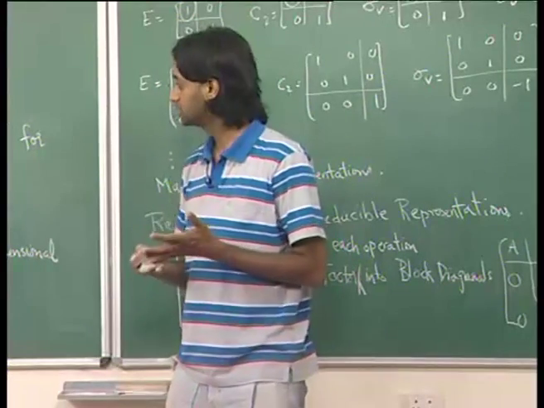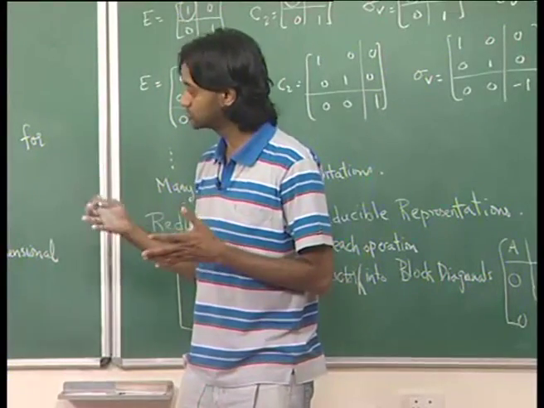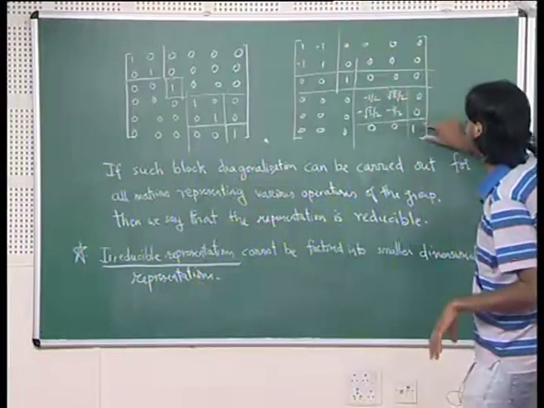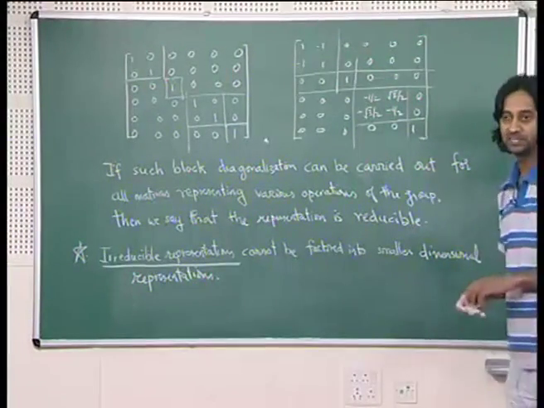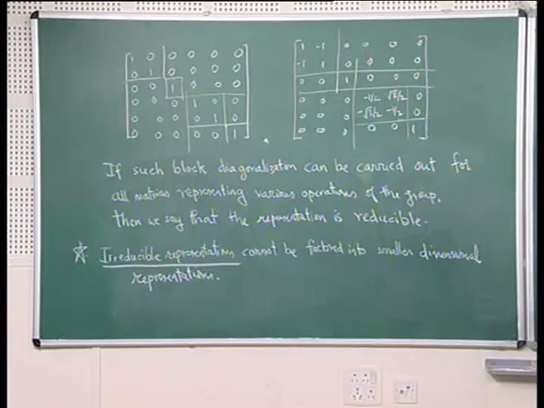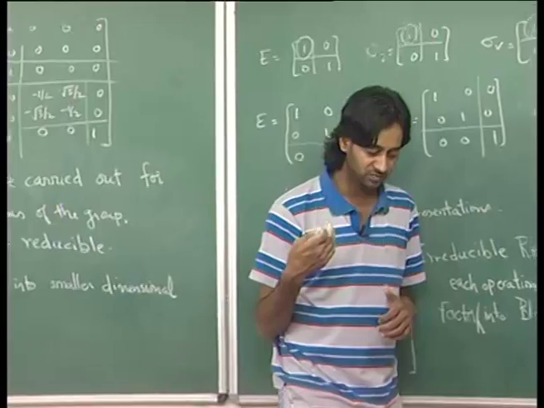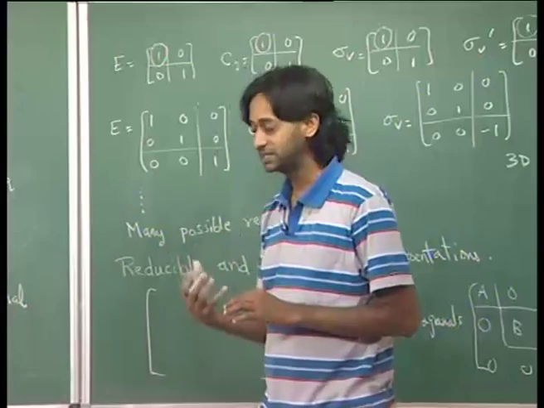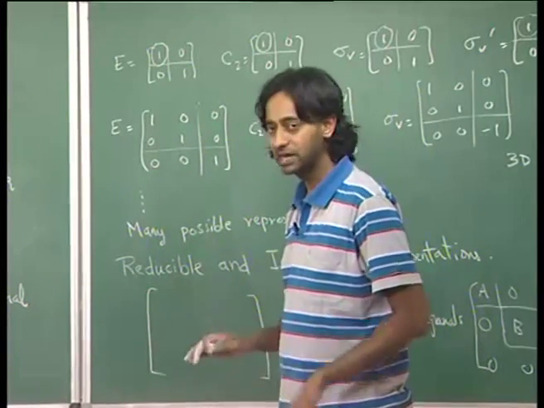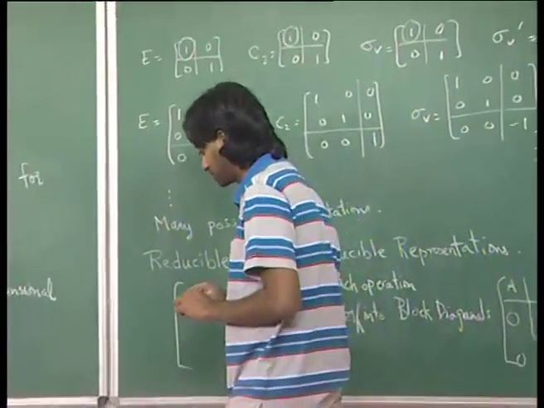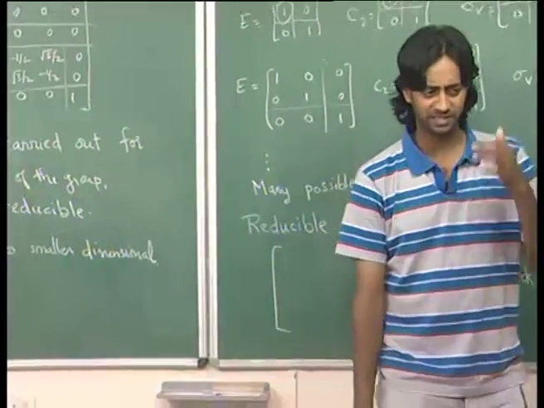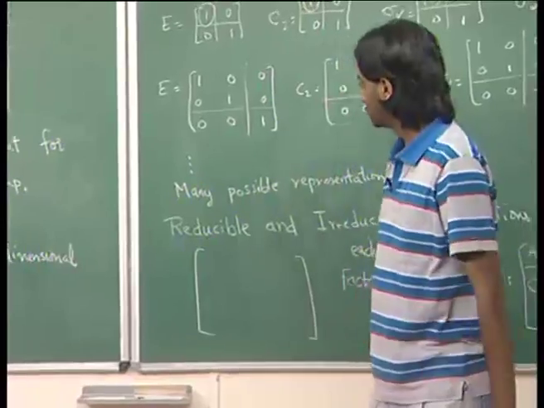Using such irreducible representations, I can always make up a bigger reducible representation. Okay. So, it is always of interest to know how many fundamentally different irreducible representations there are in any group. Okay. And this will be the topic of something called the great orthogonality theorem, okay, which tells you how many irreducible representations there are.